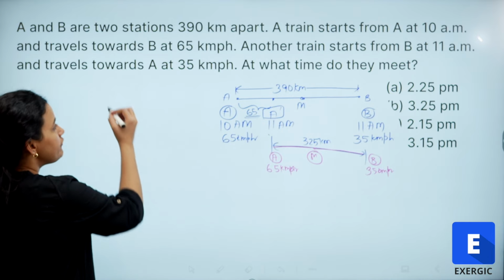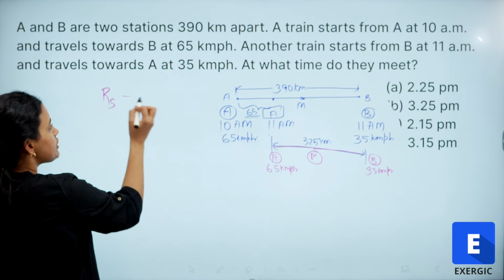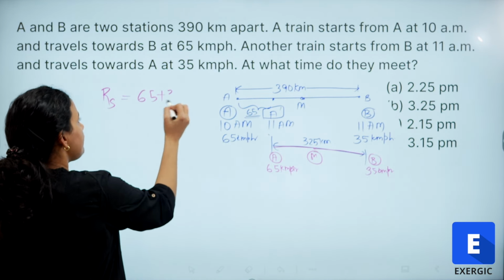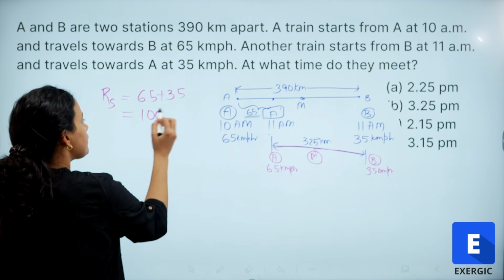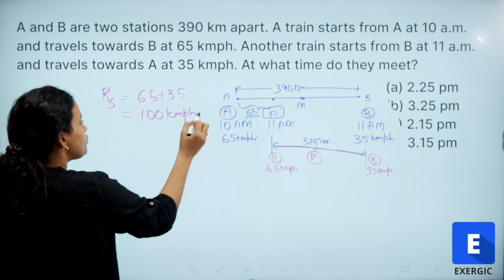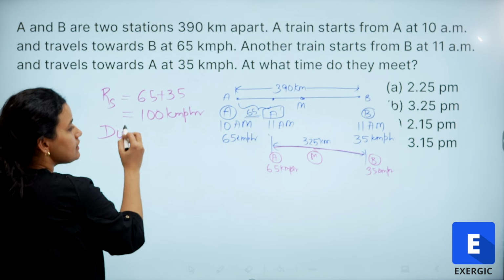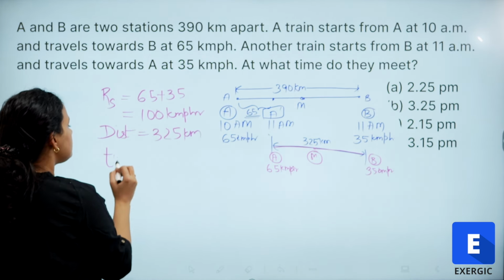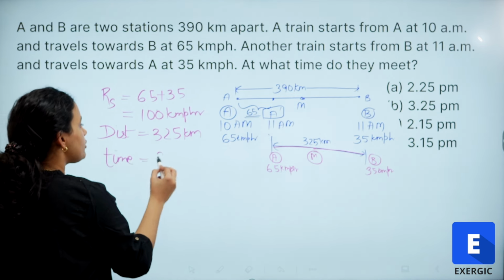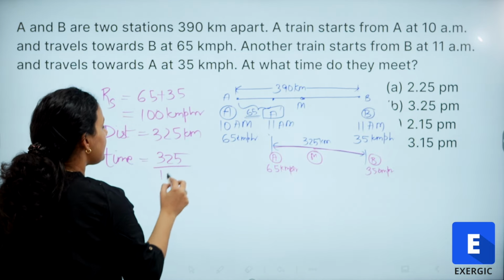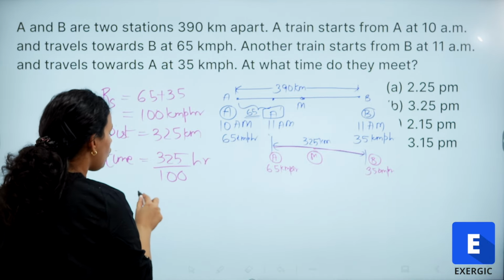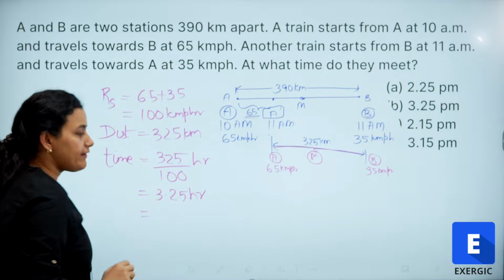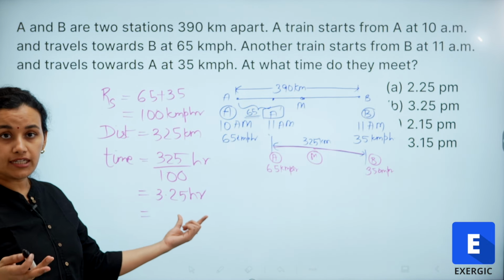So the relative speed for two bodies moving in opposite directions is going to be 65 plus 35, right? We add up the speeds, that is equal to 100 kilometers per hour. And the total distance that they are going to cover is now 325 kilometers. So how much time will it be? 325 divided by 100 hours or 3.25 hours, right? 3.25 hours from what time?